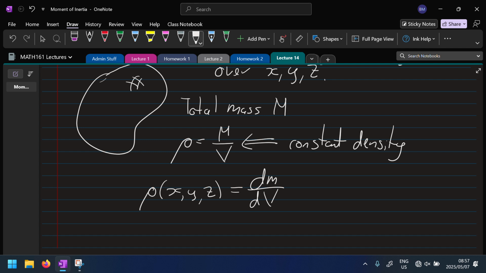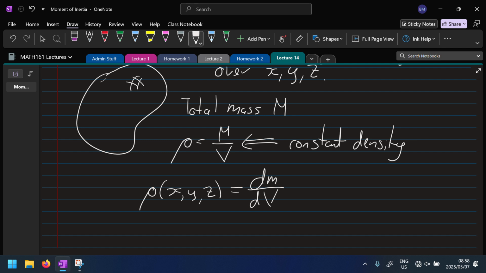Think about that like your average velocity is your delta x over delta t, but your instantaneous velocity, that's dx by dt. So for constant density, it's just m over v, like you would have delta x over delta t. The mass density where it changes from point to point, that will be dm by dv, like you would have dx by dt.